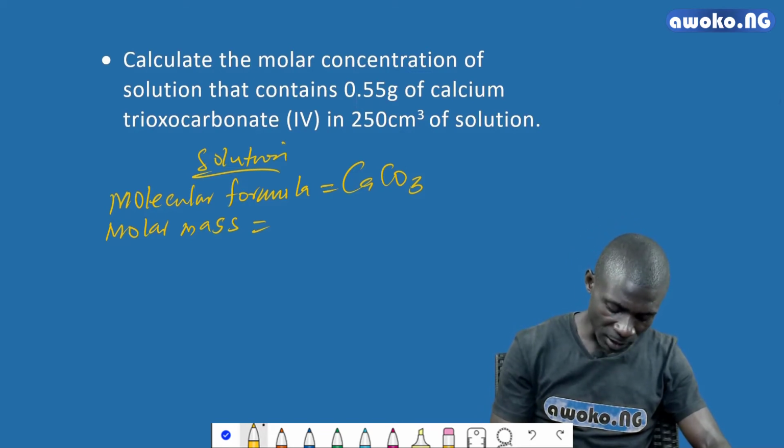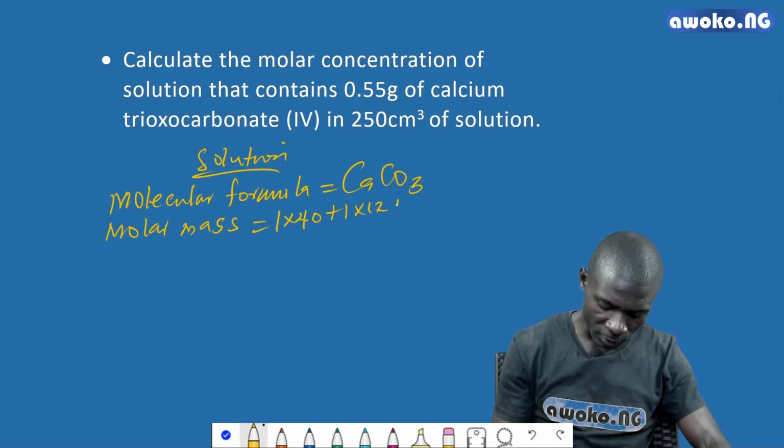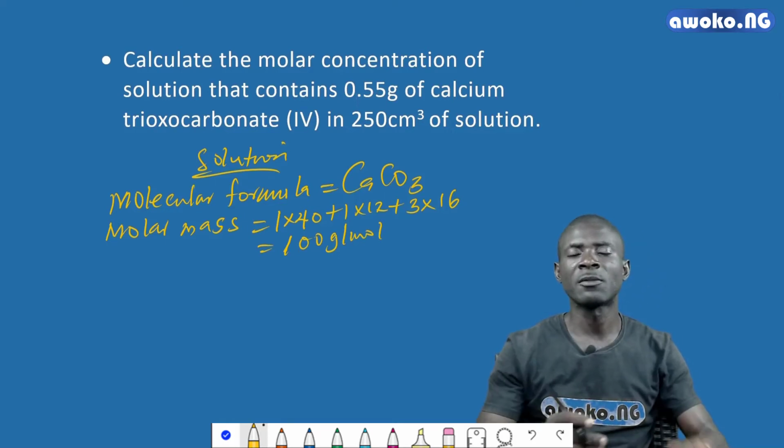For calcium, it is 1 atom multiplied by the atomic mass of 40, plus 1 atom of carbon multiplied by 12, plus 3 atoms of oxygen multiplied by 16. So summing this together will give us 100 grams per mole as the molar mass of calcium trioxocarbonate (IV).